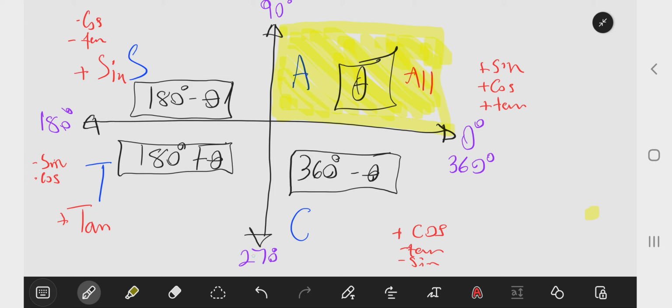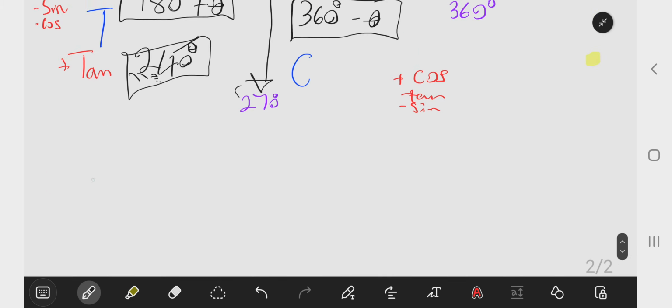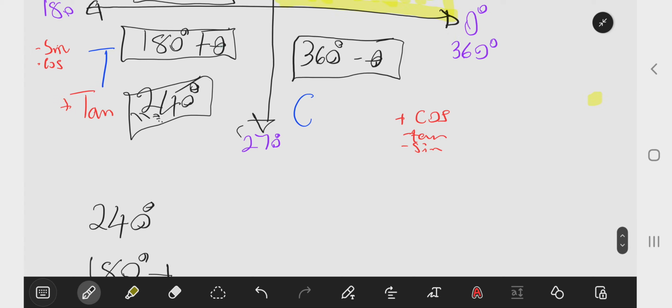So it means 240 is less than 270, but it is greater than 180. So 240 is in this quadrant, right? So how do we actually reduce these 240 degrees using this reduction formula, which is 180 plus theta, right? In order for you to reduce that 240, you'd have to say 180 plus which angle actually, because this is the reduction formula that we're using, right?